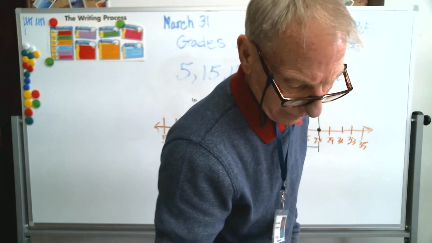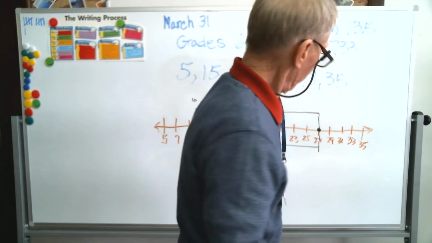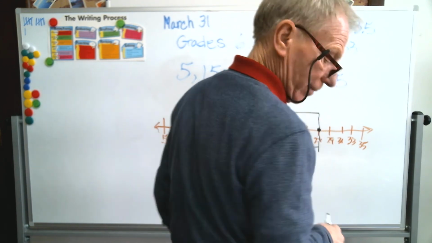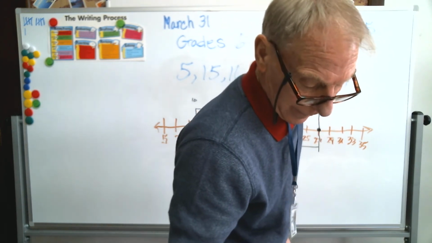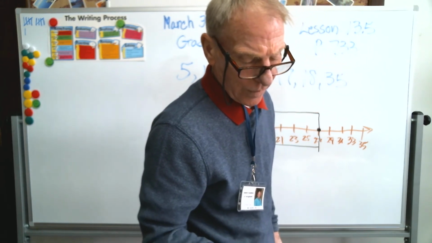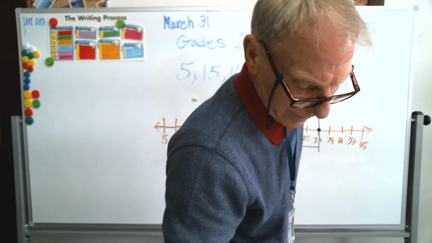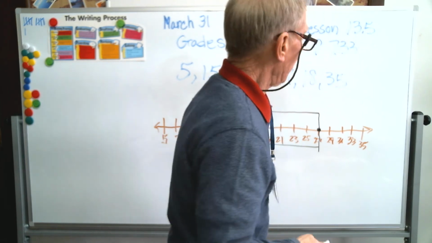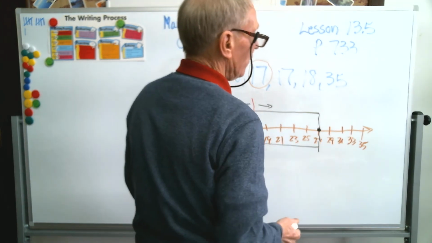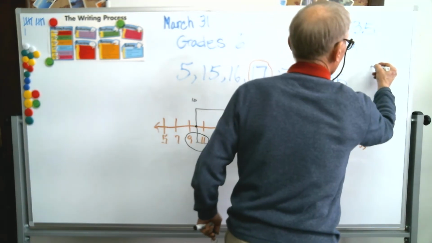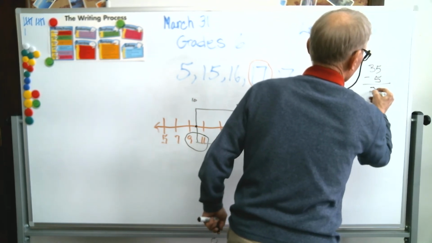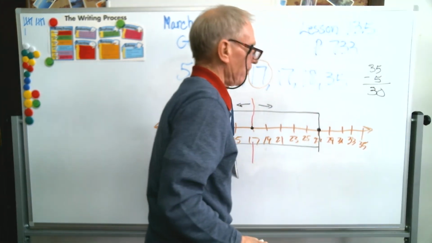Now, on step 2 here, we're going to look at range. Now our range, remember how we do range? We take the lowest value and the highest value. We subtract. So we've got 35 minus 5. And that is 30.